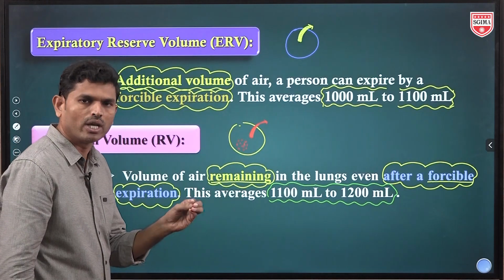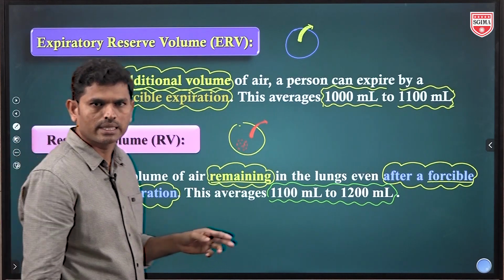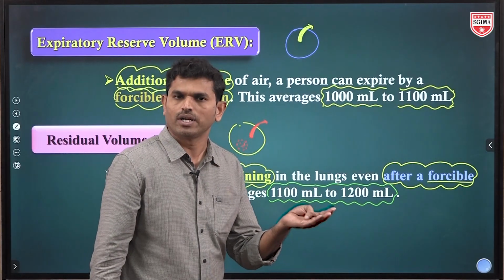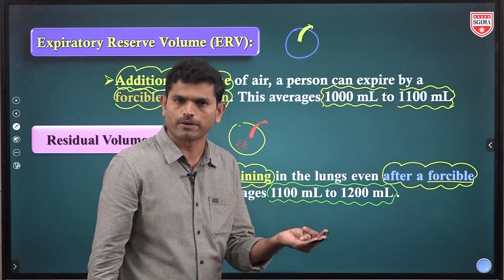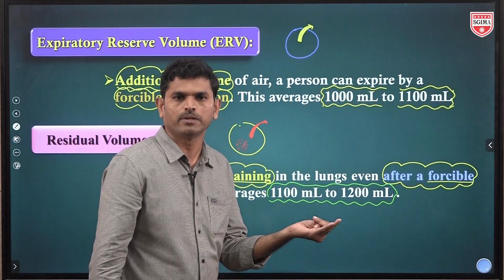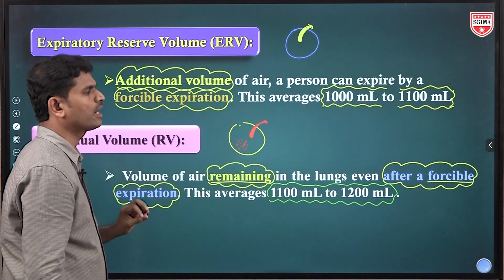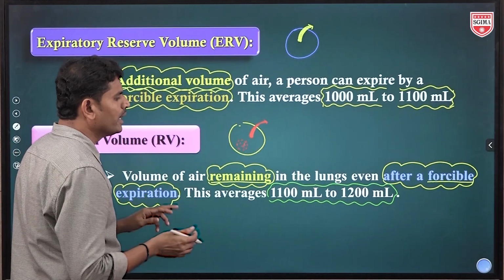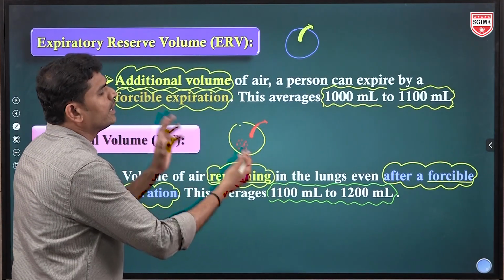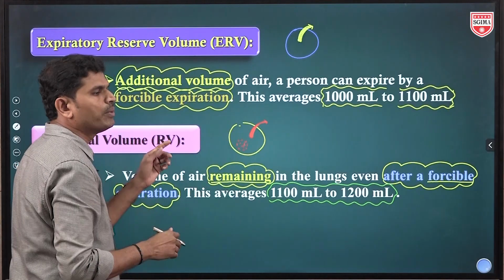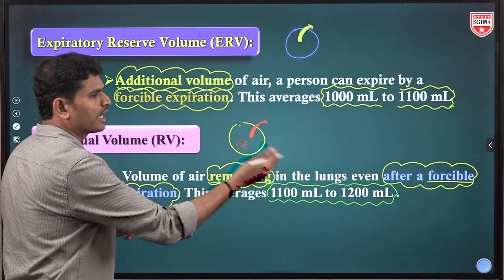So अभी तक volume में तो खत्म हो गया. We discussed that first one is a tidal volume, next one is inspiratory reserve volume, next one is expiratory reserve volume, and next one is a residual volume. So these 4 volumes compulsory we have to remember. क्योंकि next topic है तो क्या है, volumes and capacities है ना. अभी volumes complete हो गया, next capacities.